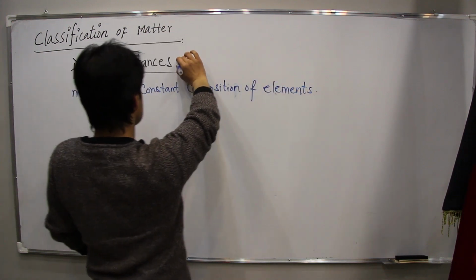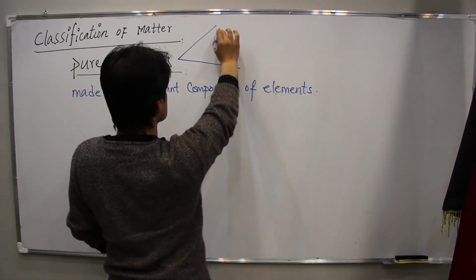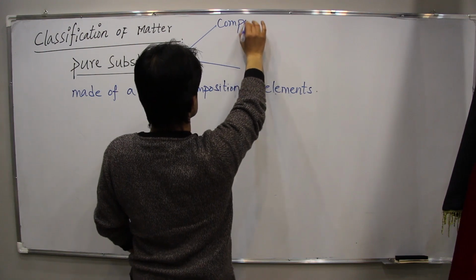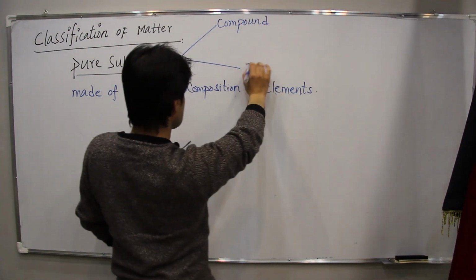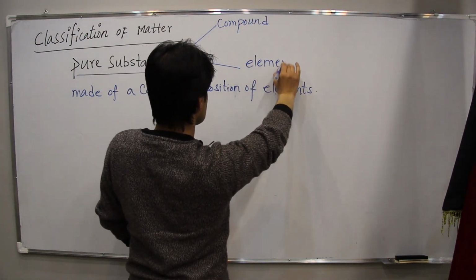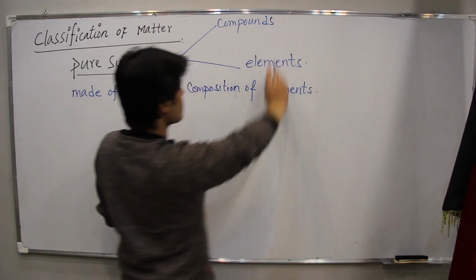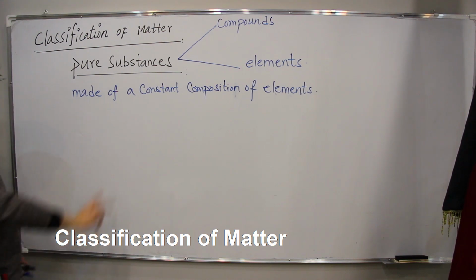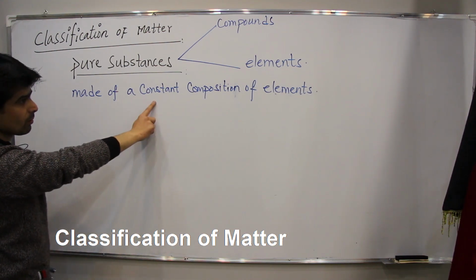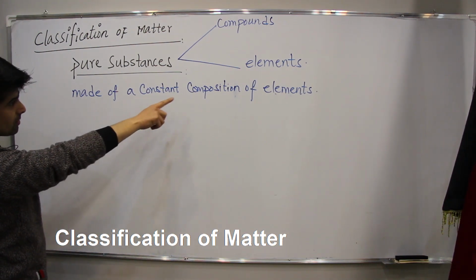Indeed, pure substance is divided into two parts. First is compounds, and the second one is elements. The definition which I wrote down: made of a constant composition.